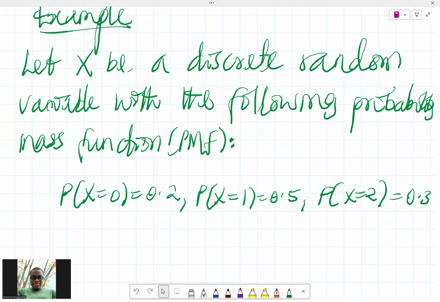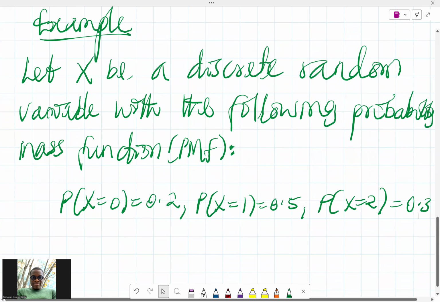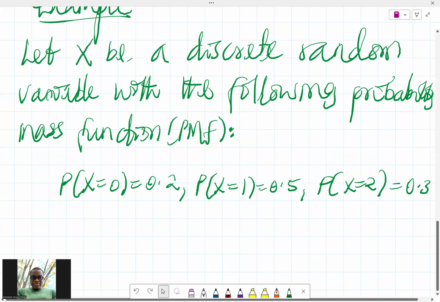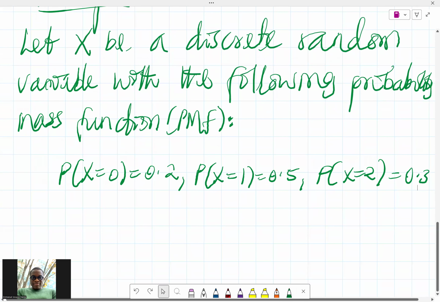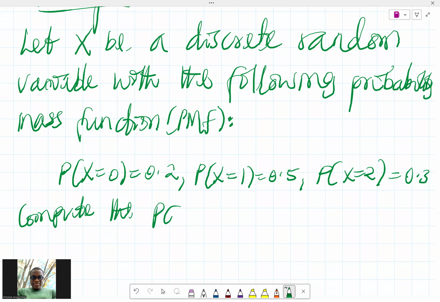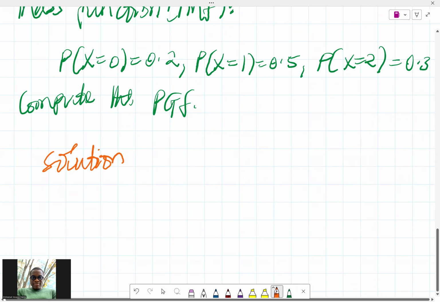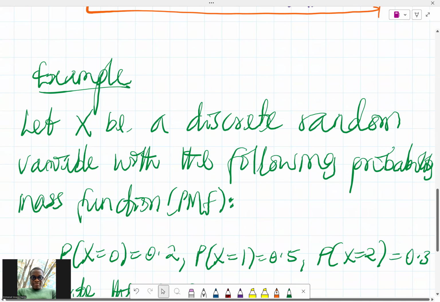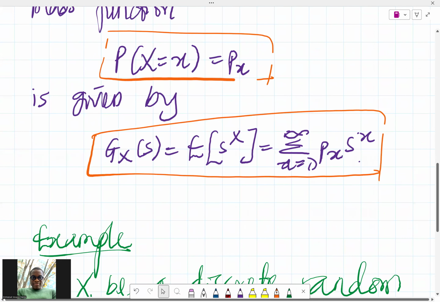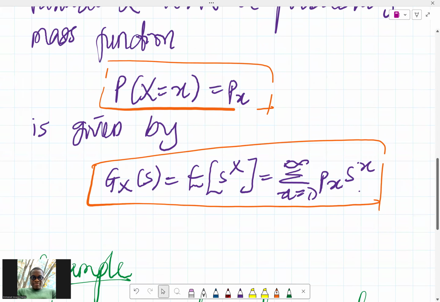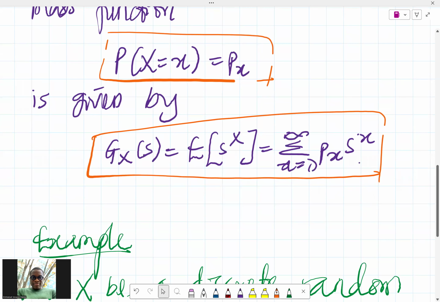All right. So the question is, let X be a discrete random variable with the following probability mass function. We need to compute the probability generating function. That's the kind of question we have in that situation. So for the solution, we already know from this definition that the probability generating function is the summation of all the probabilities multiplied by s raised to power x.